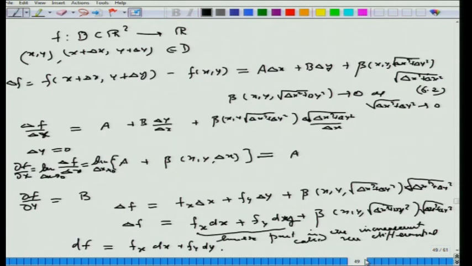This concept of differential can be extended to higher dimensions in the following manner.